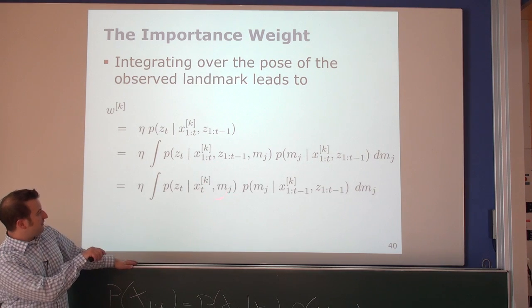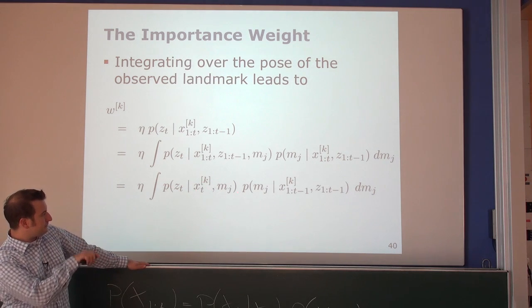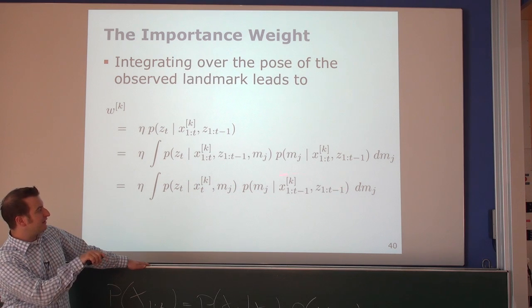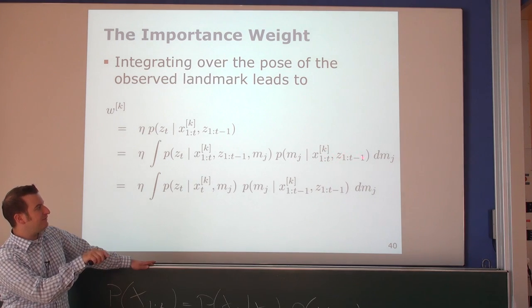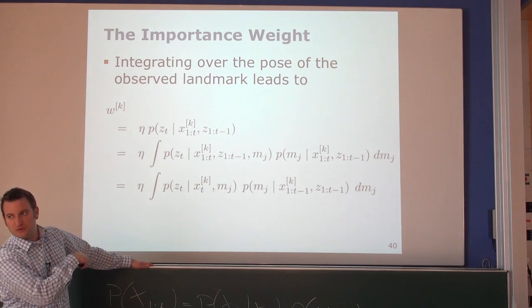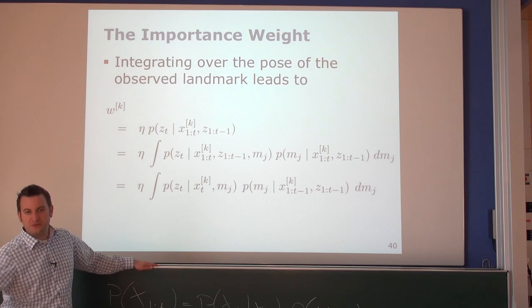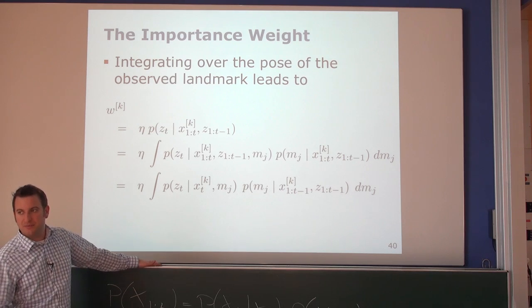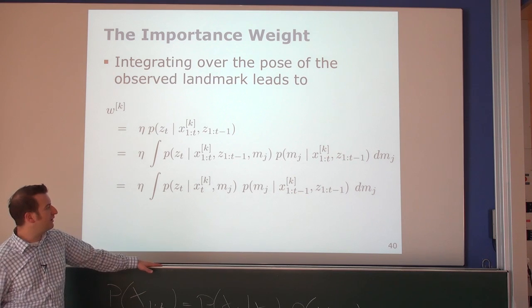So this term simplifies to exactly this equation over here. The second term remains as it is. The only difference is that here I get rid of x_t, because if I only have observations up to t minus 1, I don't care where the robot is in the future in order to estimate the location of a landmark. Knowing where the robot is in the future doesn't help me estimate the position of the landmark. Also a step we have done quite often in the past.